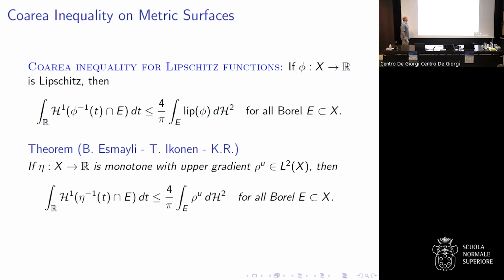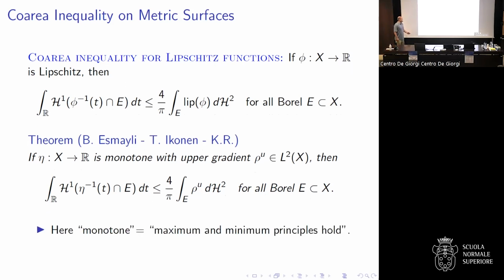Unfortunately, well, I had a monotone on the blackboard which meant a different thing. So the terminology is not great, but for functions, what I mean by monotone is a function which satisfies the maximum and minimum principle.